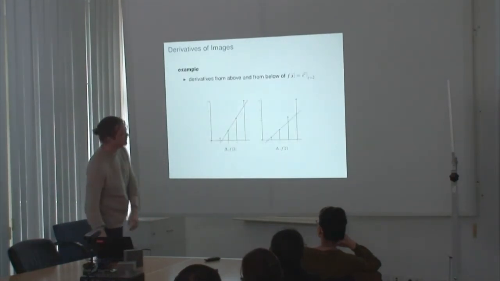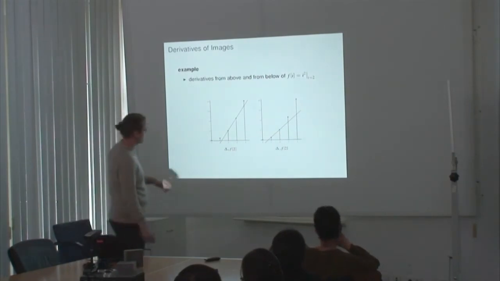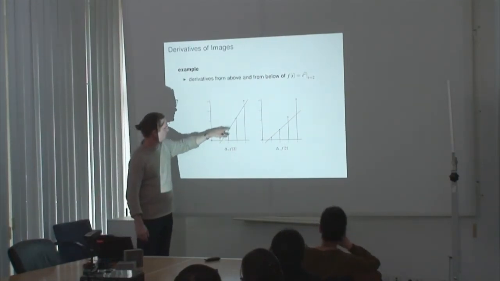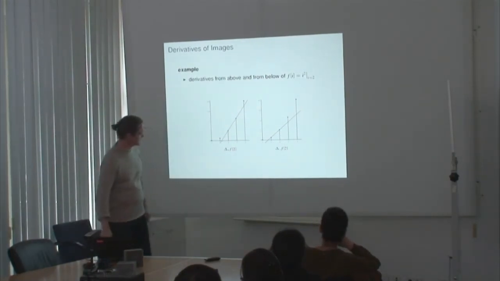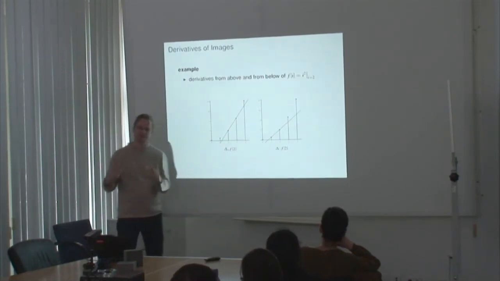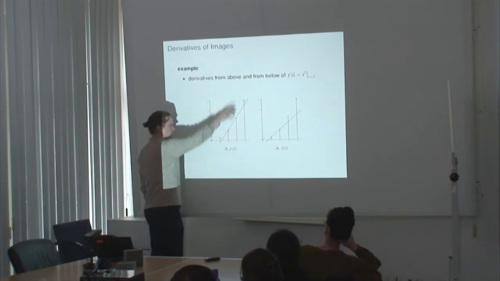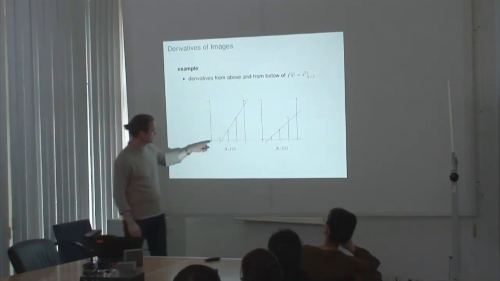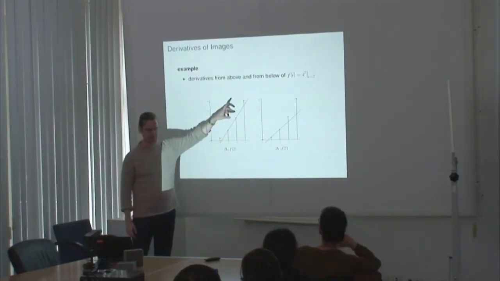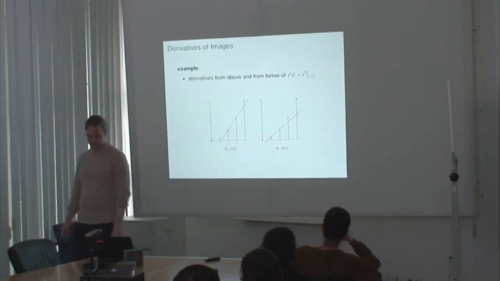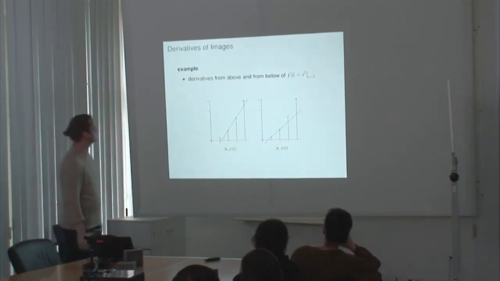Here is an example. What I am plotting here is a discrete function, and I am indicating the fact that this function is discrete. There's no continuous plot here, but there are these dots with candlesticks. This is meant to indicate that this function is discrete.